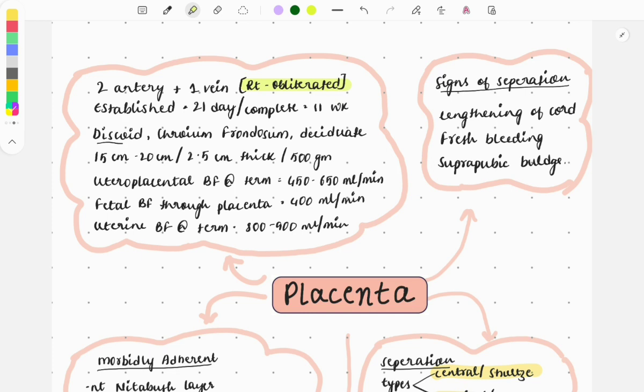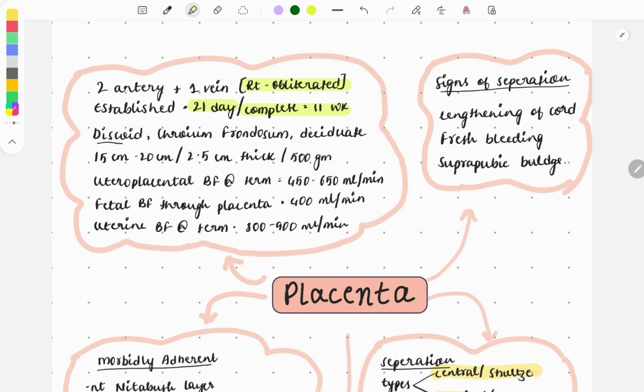They'll be given in the options like 2 artery 2 vein, 2 vein 2 artery, something like that, and you need to choose 2 artery and 1 vein. Then it is established at day 21 and completely established. Established means the formation will begin at day 21 and the placenta will be formed completely by the 11th week.